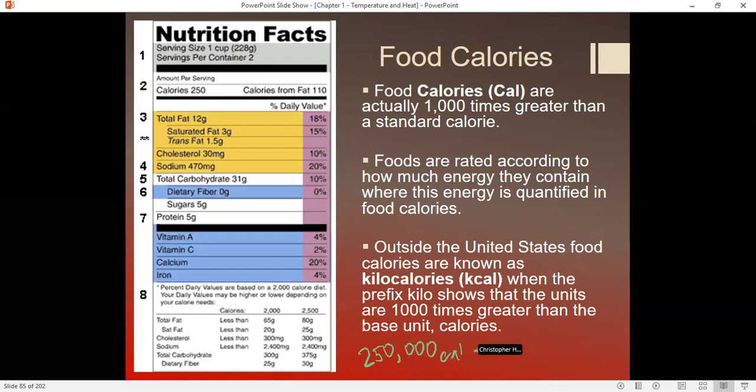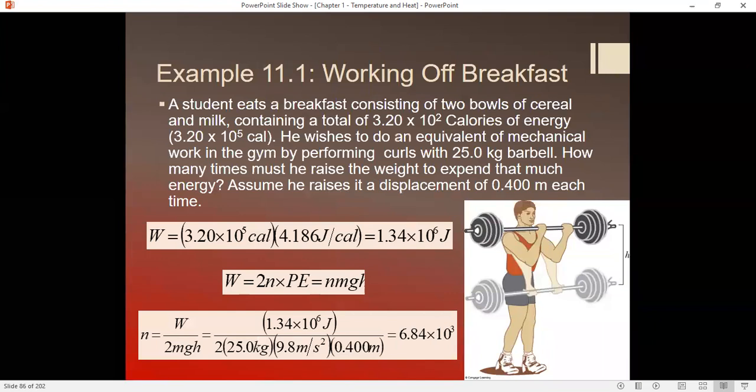We multiply it by 4.2, okay? That is over 1 megajoule or 1 million joules of energy, okay? You never realized that your food had that much energy. But yeah, 250 calories is basically 1 million joules of energy. And that helps power your body.